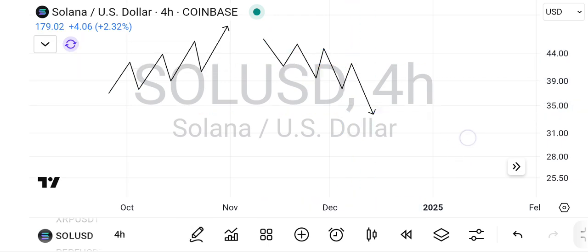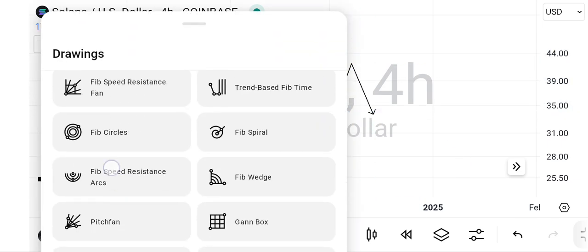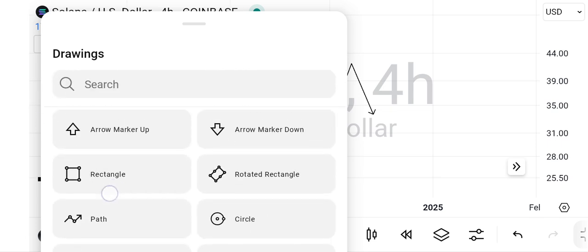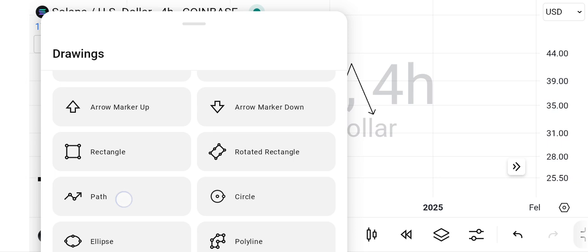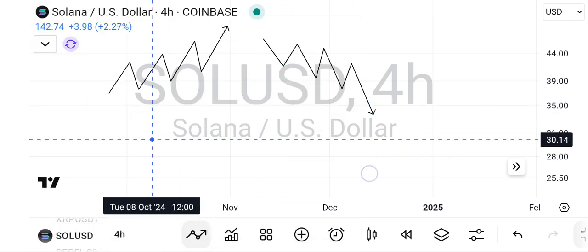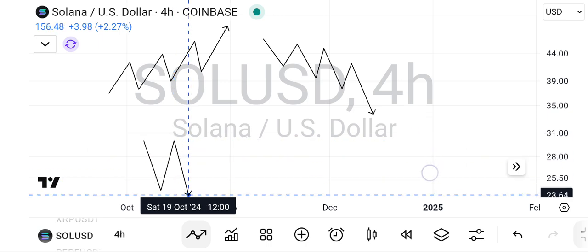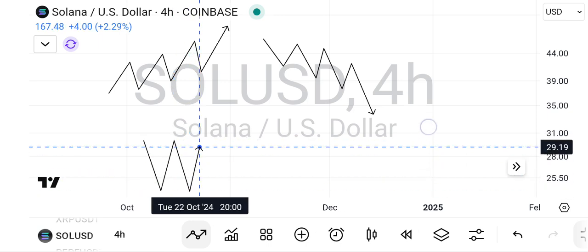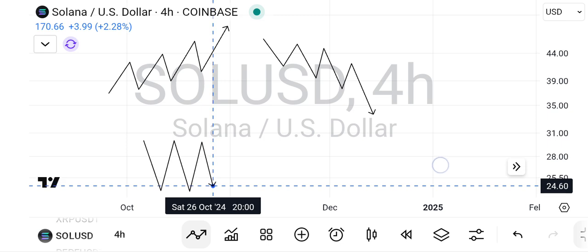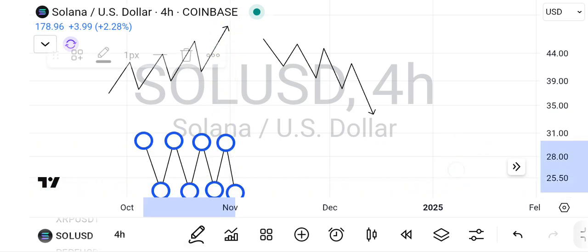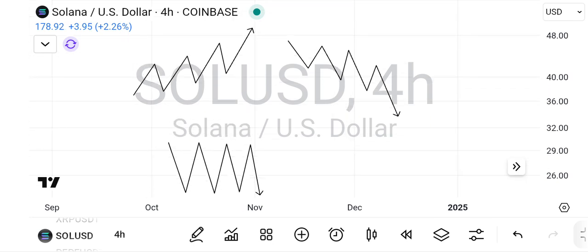That's the second phase. And the third phase is ranging markets, where price is bouncing off in a certain range, bouncing off between support and resistance or something.